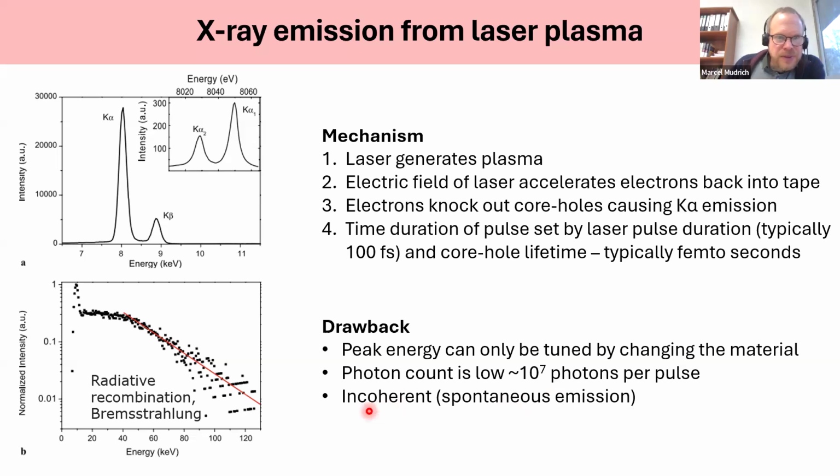And the most intense radiation naturally comes on these characteristic lines like K alpha, K beta lines. There's also, on a much lower level, some contribution at much higher photon energies due to radiative recombination and Bremsstrahlung of the accelerated electrons that collide with ions inside the plasma.